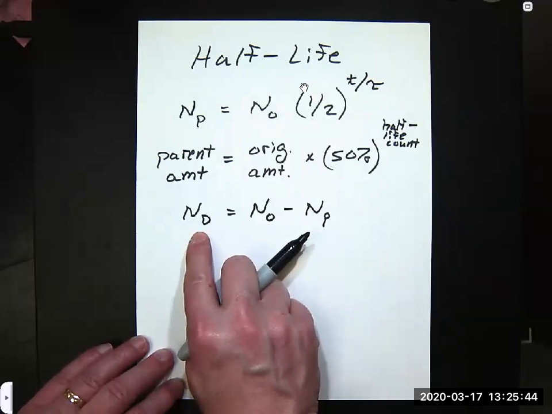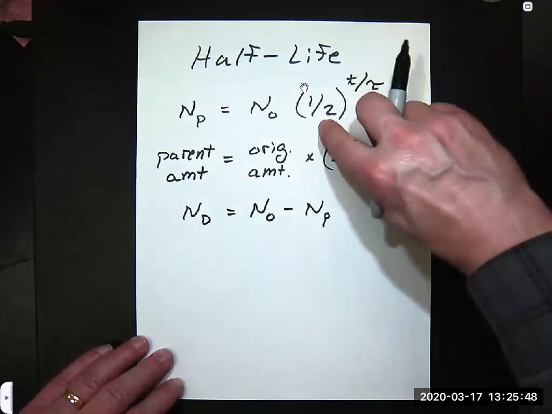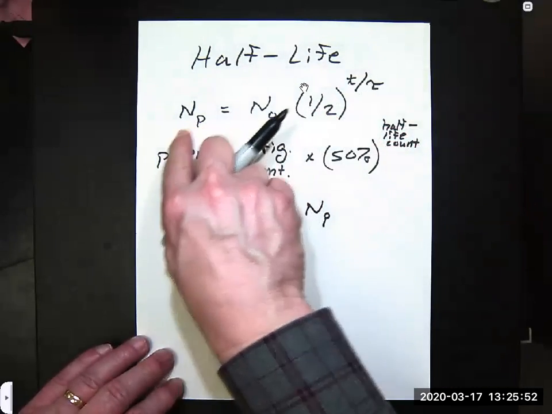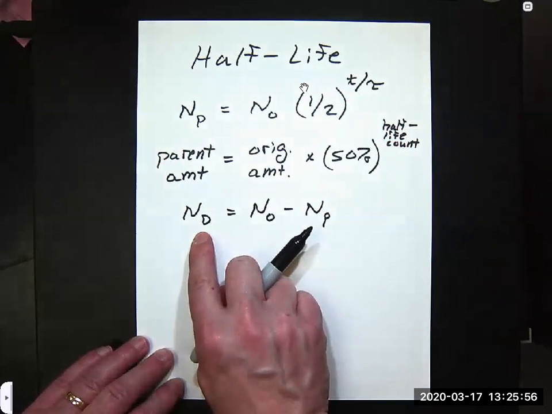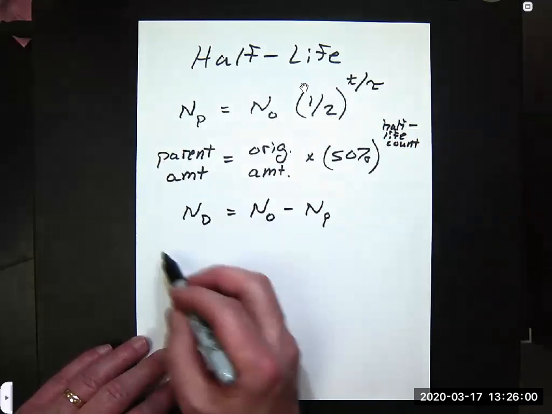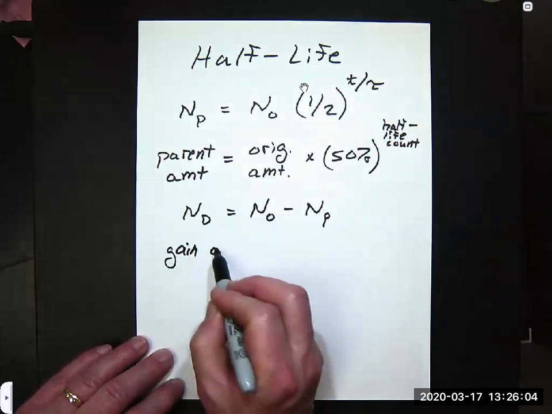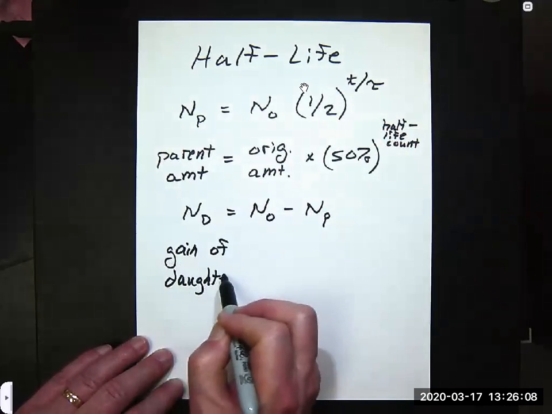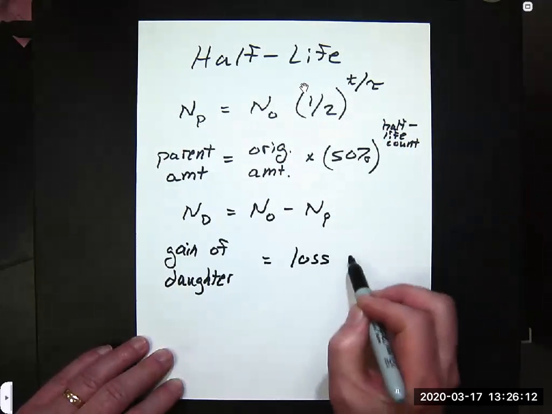But as time progresses, there's some fraction multiplied by the original to represent the parent. So as the parent decreases, the amount of daughter product is increasing. We can also write this in words. The gain of the daughter amount is equal to whatever the loss is of the parent.